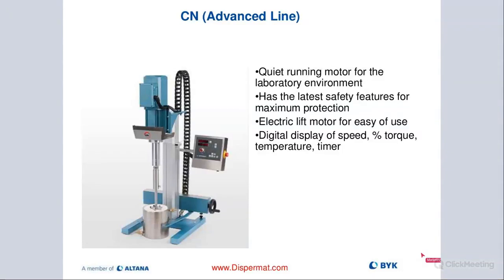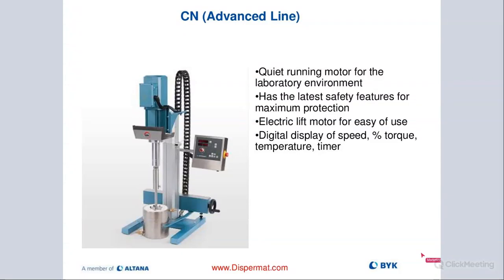Then we have the CN line, which is kind of our bread and butter instrument for small to medium-sized batches. We can also upscale that to pilot. It has the CN control panel, giving you your speed.